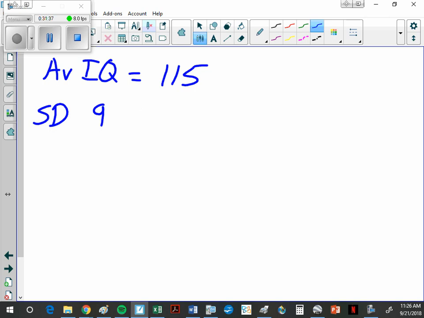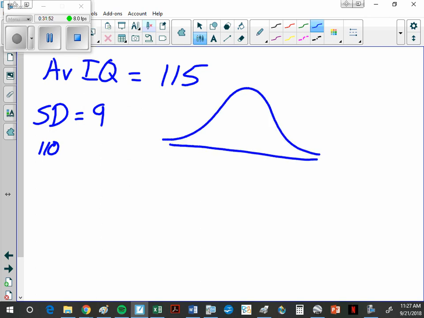So if my IQ is 110, what is my percentile? I draw the normal curve centered on 115, and I want 110, which is over here.